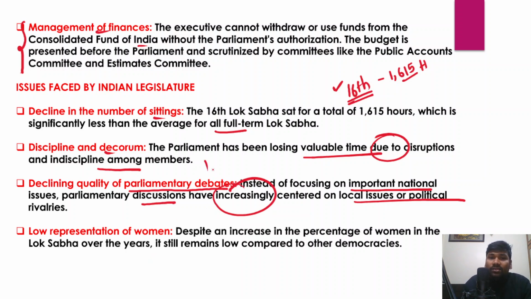In fact, in the last Lok Sabha it is just around 14%. This is still substantially lower compared to the global average, even compared to the least developed countries or even India's neighboring countries. So therefore, there is an immediate and urgent need to substantially increase women's participation in Parliament.